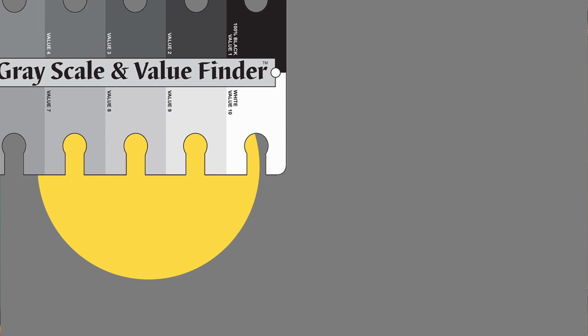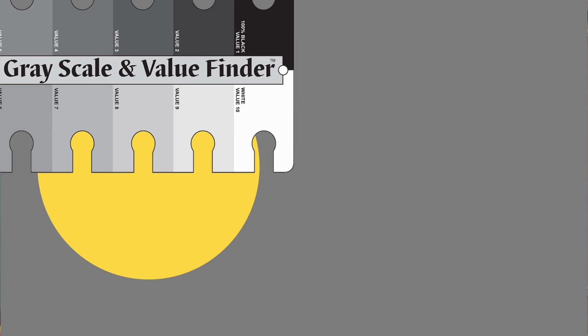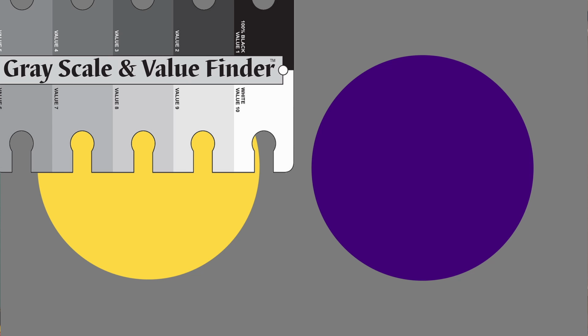Now these examples were all in black and white, but our world is colorful, and the thing is, colors themselves have tonal values as well. So for instance, yellow is an obvious example, I think. Yellow is a very light color, and purple, for instance, is a very dark color.